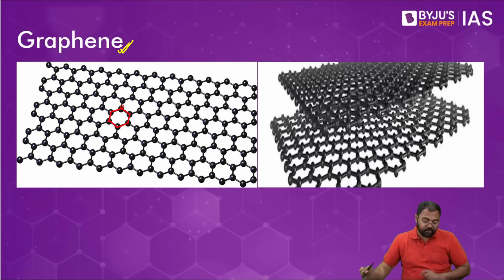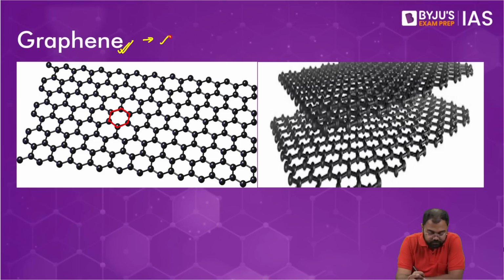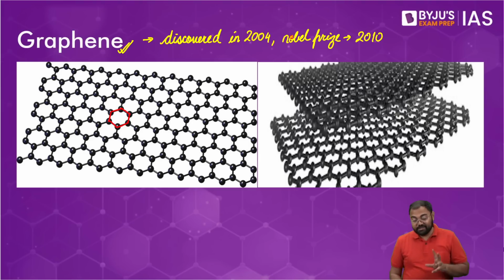Now, the discovery of graphene happened in 2004. In 2004, it was discovered. And graphene also got a Nobel Prize. The discovery of graphene was also very unique, so I'll tell you how it happened.